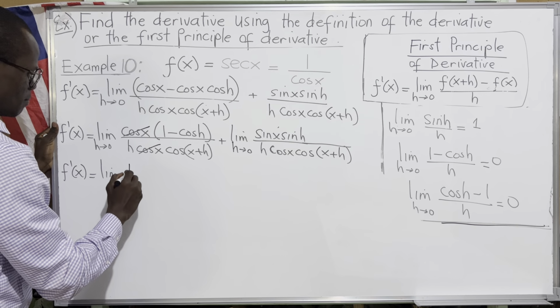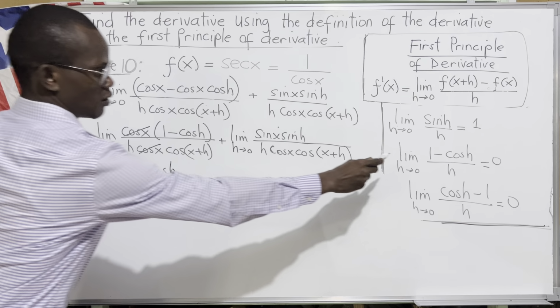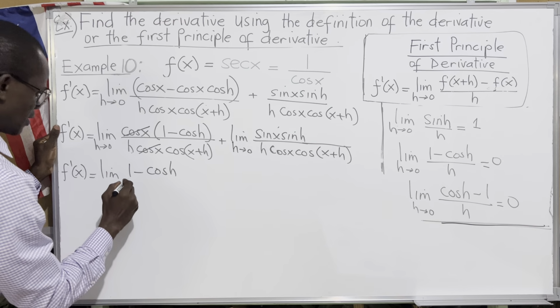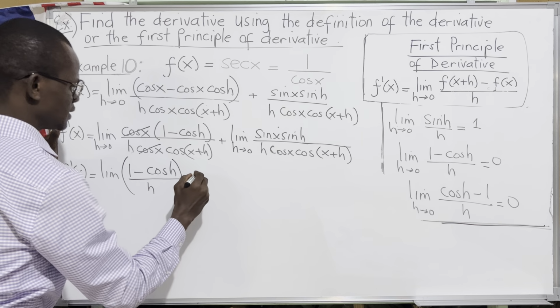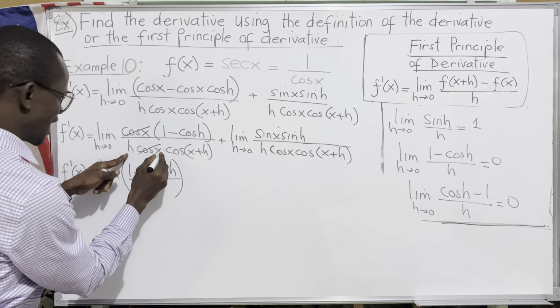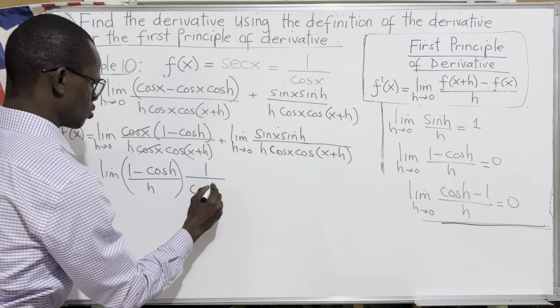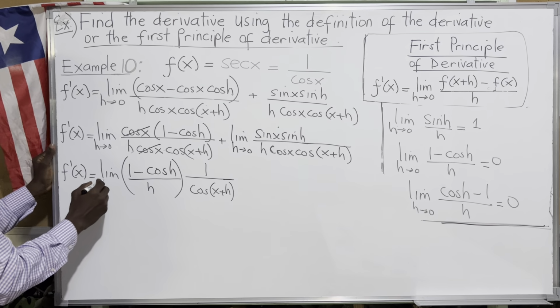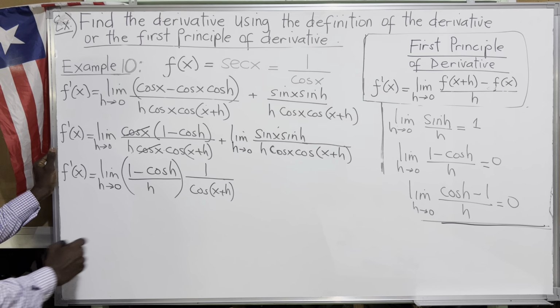Now you have 1 minus cos of h divided by h. So we got h here, right? What we can do now, we can separate this h from this cos of x plus h. We separated them, right? H is approaching 0.